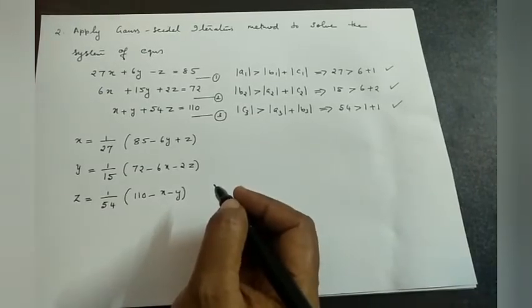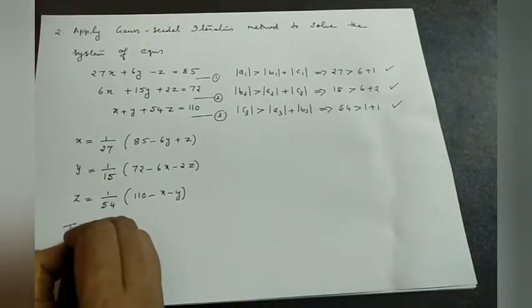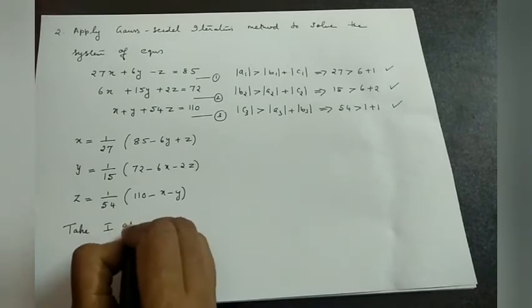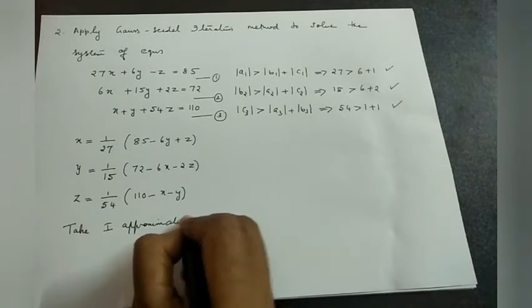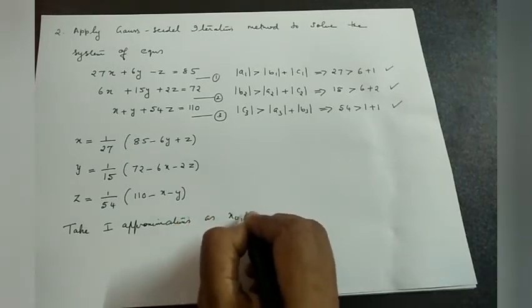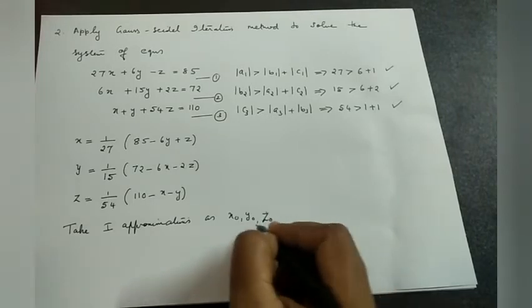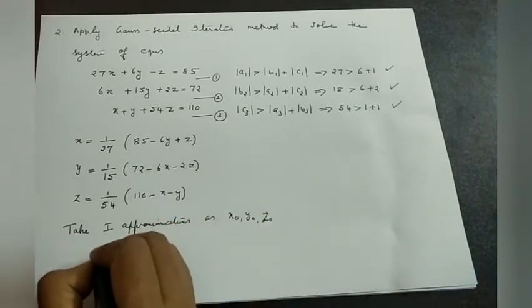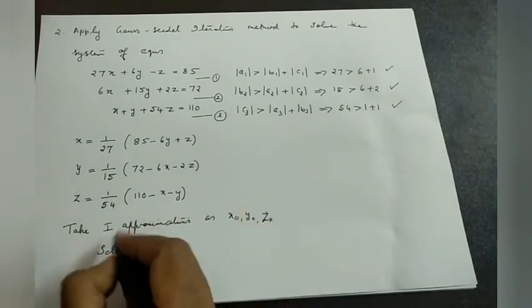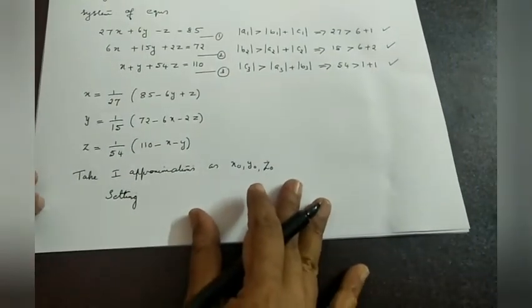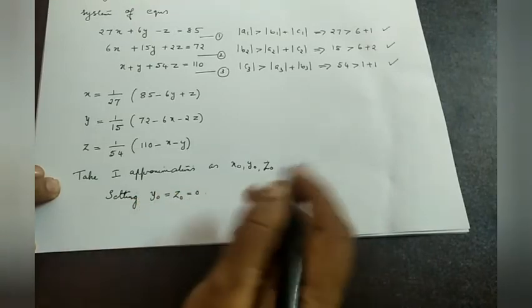Now, setting the first approximation, take the initial approximations as x0, y0 and z0. Also setting y0 and z0 equal to 0.